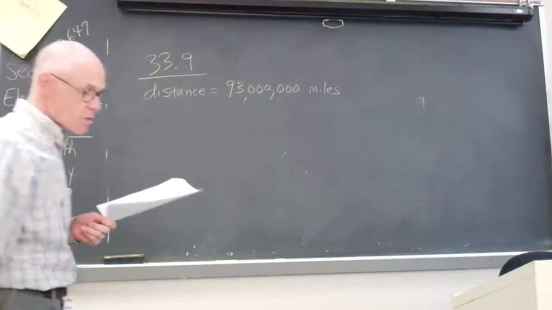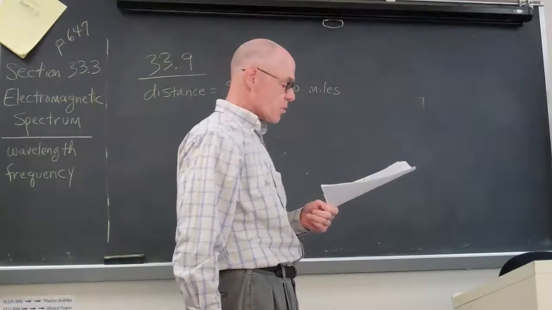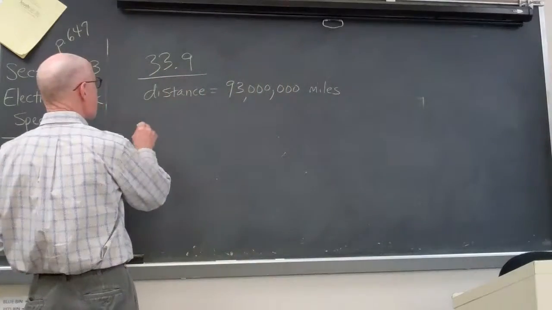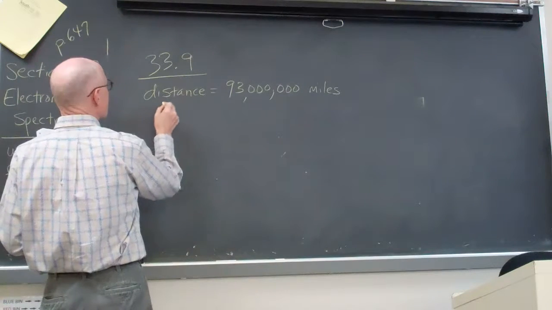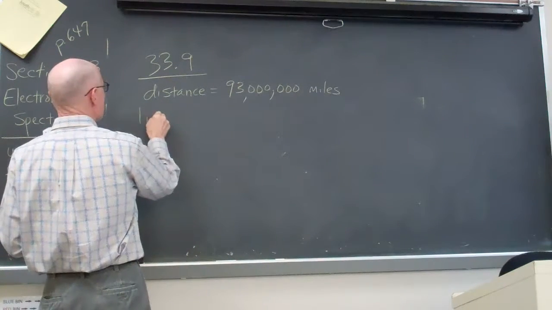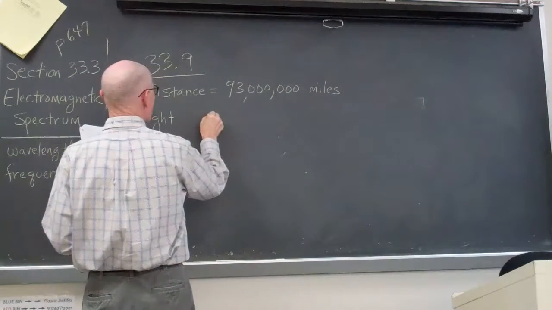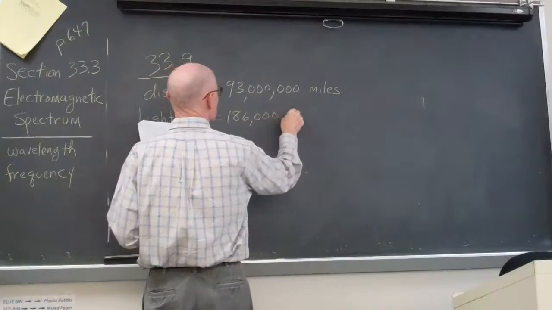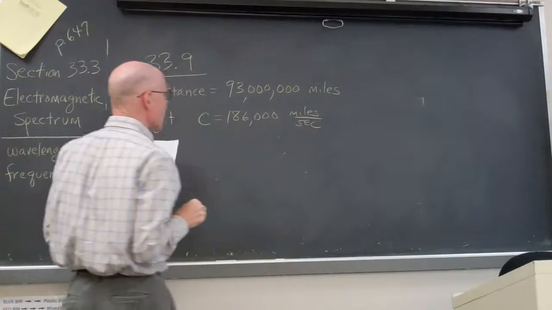Now, since the distance was given in English in miles, then we can now use the English value for the speed of light. So in this case, since we're talking about the travel of light, we know that the speed of light is 186,000 miles per second.